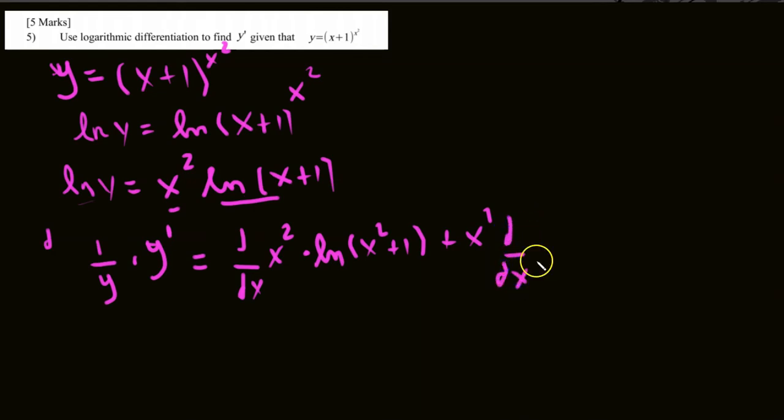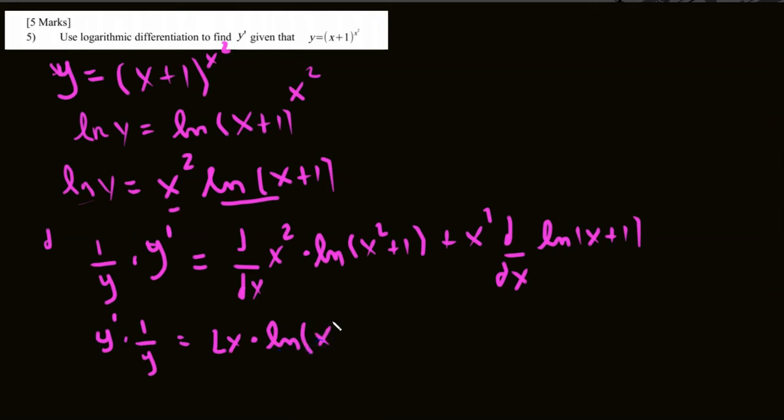Alright, so let's leave this here, we'll just call this y prime over y. 1 over y y prime is equal to the derivative of the first, 2x, times the second, plus the first times the derivative of the second.